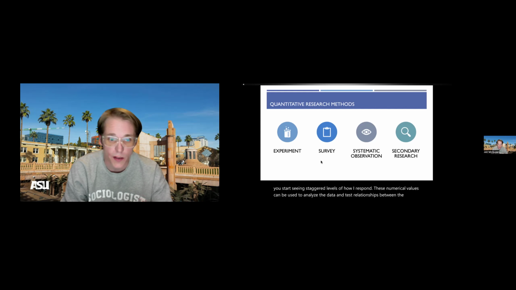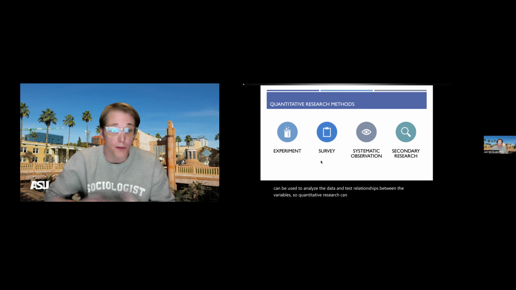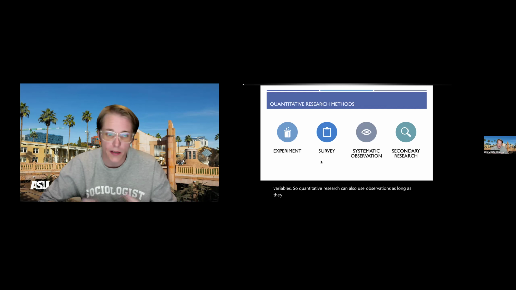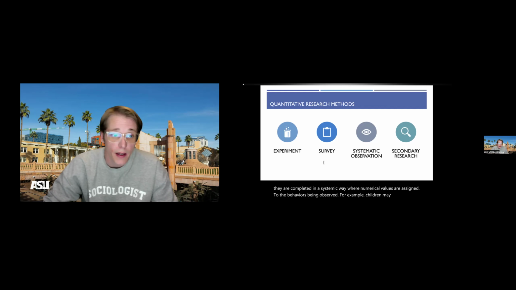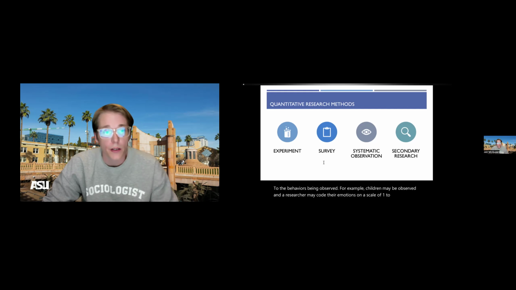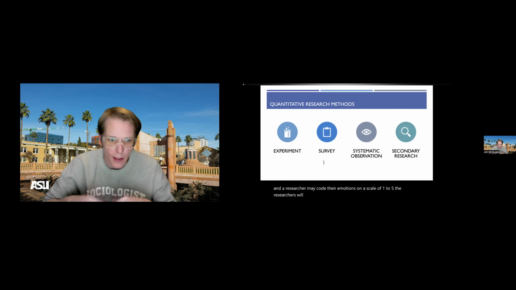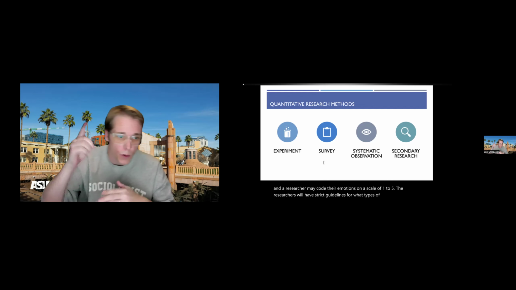So quantitative research can also use observations as long as they are completed in a systematic way where numerical values are assigned to the behaviors being observed. For example, children may be observed and a researcher may code their emotions on a scale of 1 to 5. The researchers will have strict guidelines for what types of behaviors represent 1 all the way to 5.